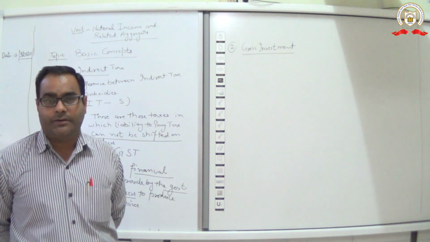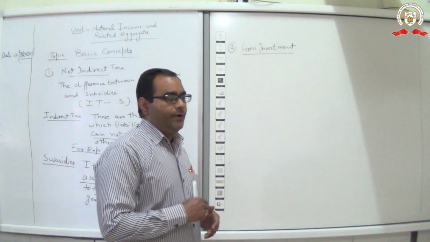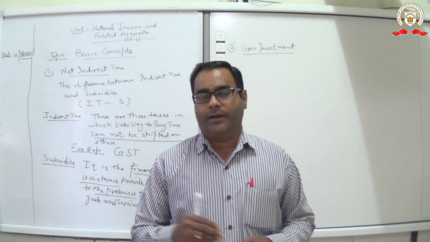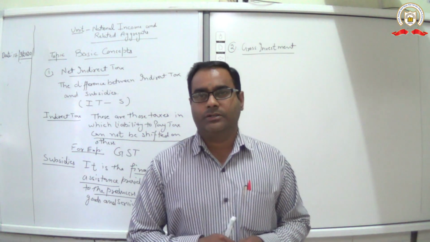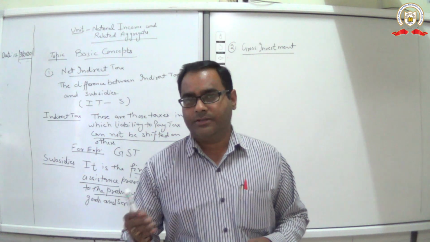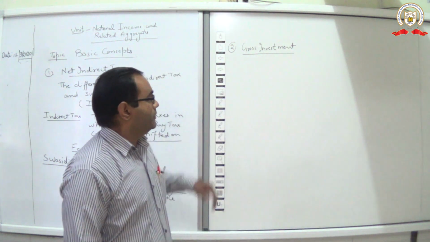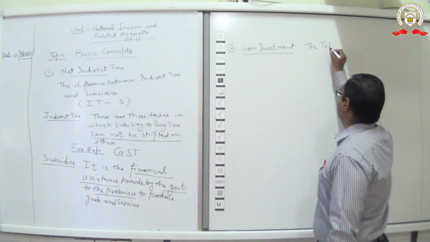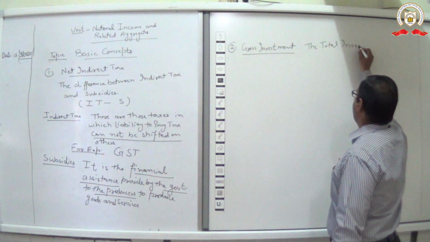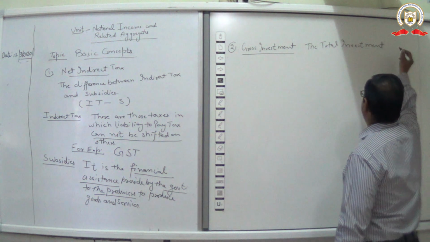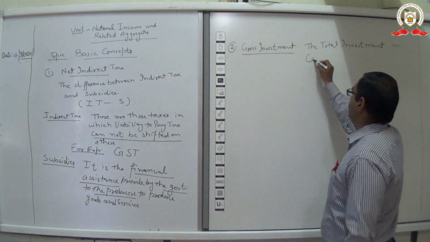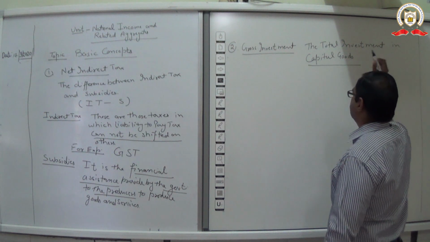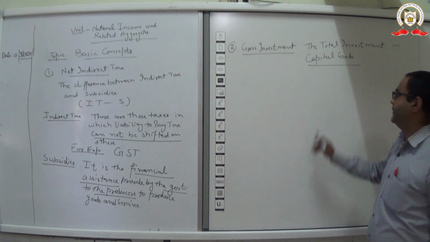Gross investment is of two types: investment in fixed assets and investment in financial assets. Financial assets means shares, debentures, etc. So gross investment means the total investment in capital goods.